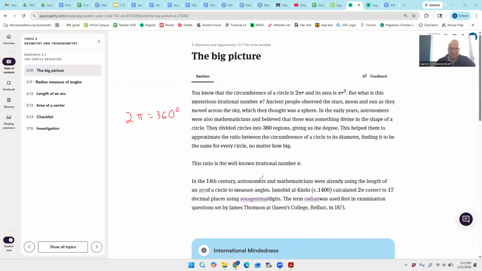In the 14th century, astronomers and mathematicians were using the length of the arc of a circle to measure angles. In the 1400s, they calculated 2 pi correct to 17 decimal places, and the term radian was first used in an examination question set by James Thomson at Queen's College in Belfast, Northern Ireland, I think, in 1873.